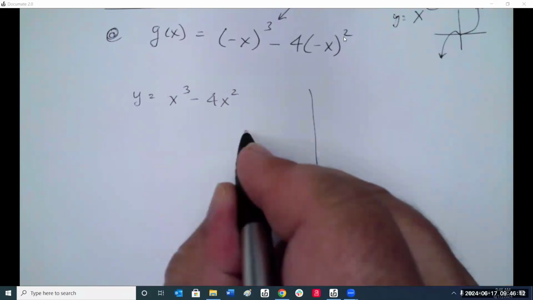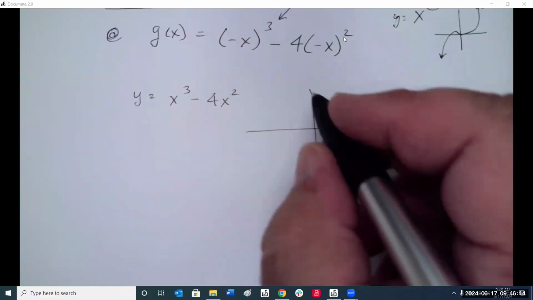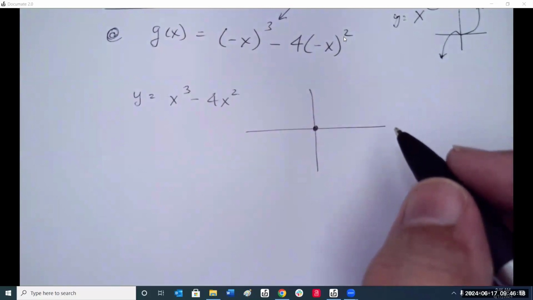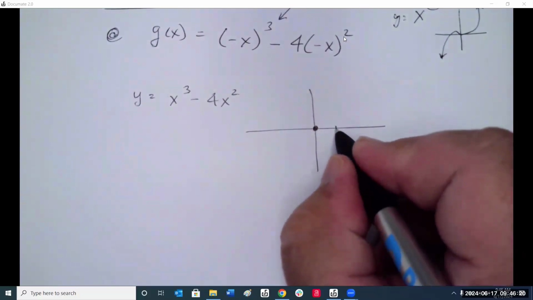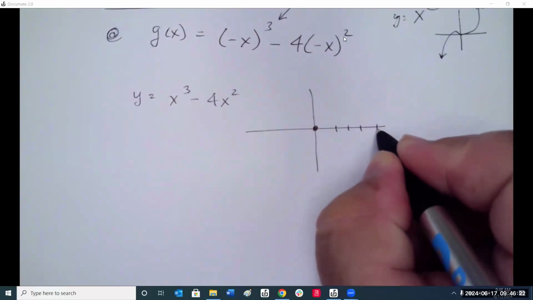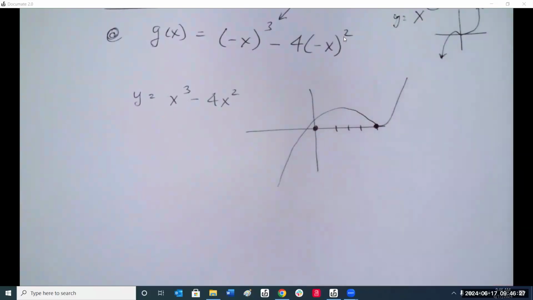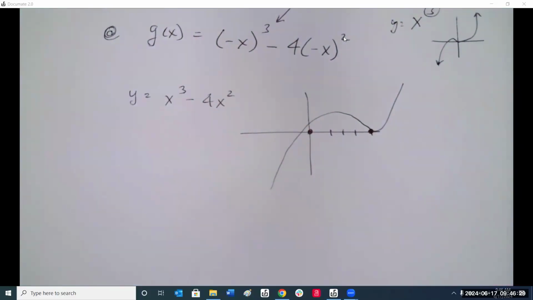So that graph would look like, okay, origin there. Looks something like that.